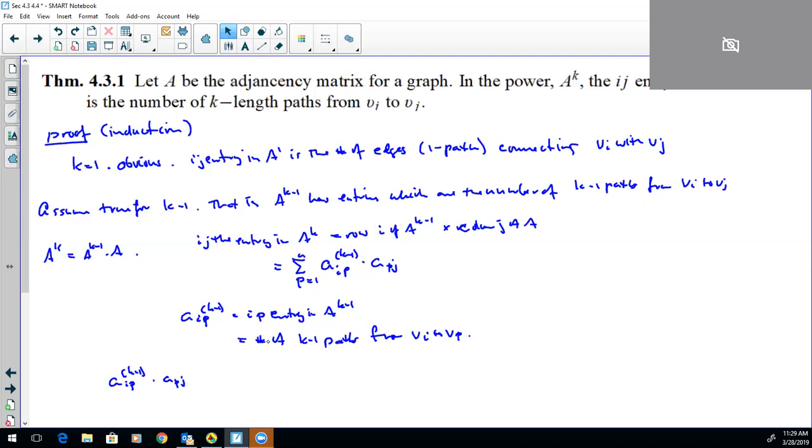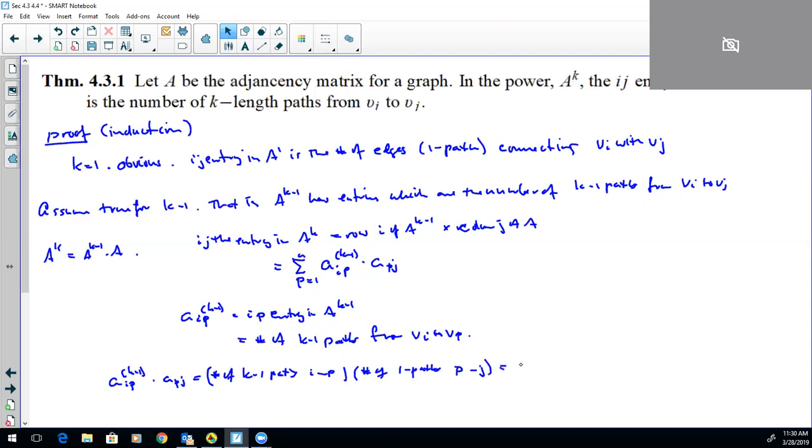A sub pj is in the first power. So this is the number of k minus 1 paths from I to p times the number of single paths from p to j.